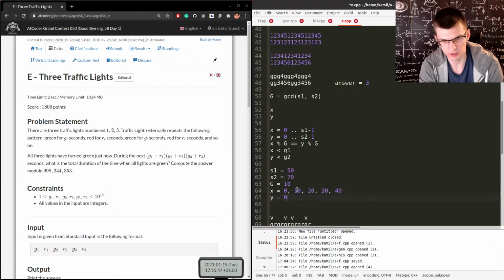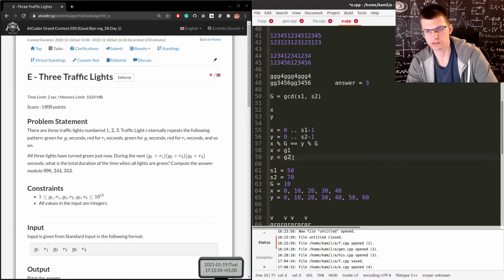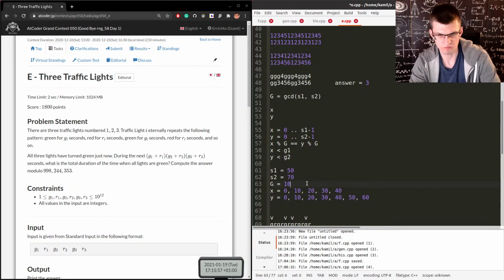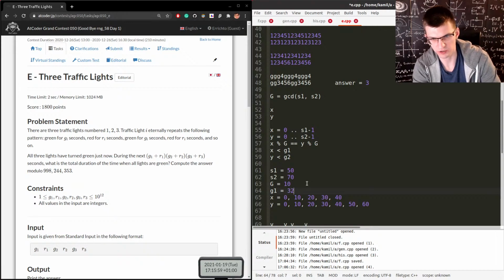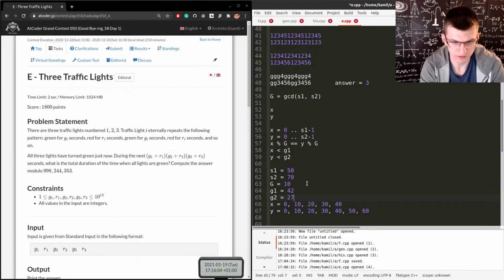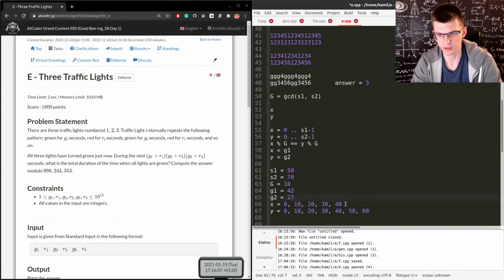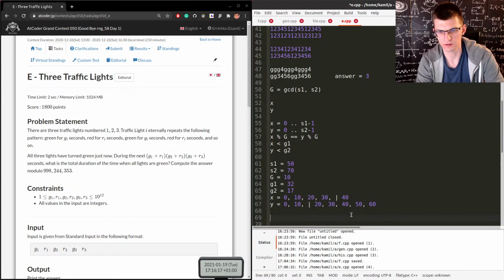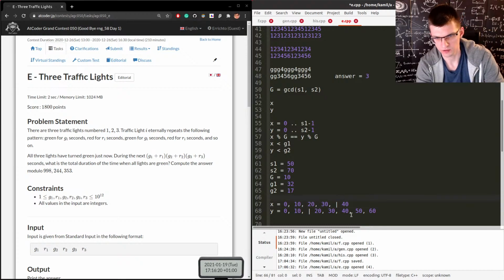And y can be 0, and so on, up to 60. And now I want to satisfy those two. Let's say that G1 is 32, and G2 is 27. Then I know where to cut. 32 and 70. I will say that x can be up to here, y can be up to there. This is remainder 0.